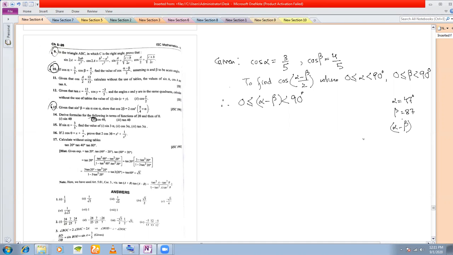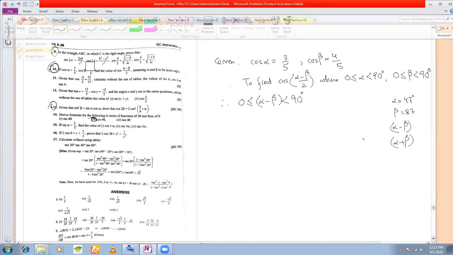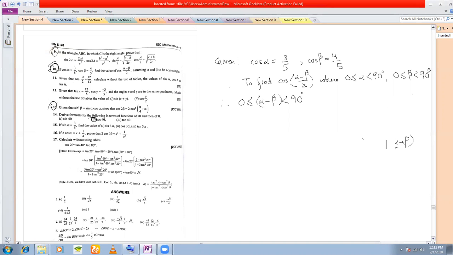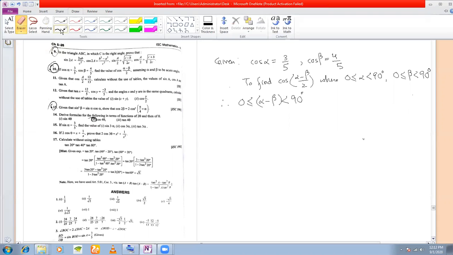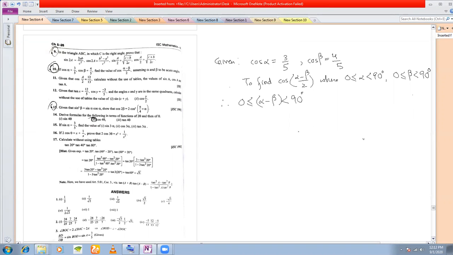Whatever be the values of alpha and beta, alpha minus beta will always be less than 90 degrees if alpha and beta are both acute. But I cannot say whether alpha plus beta will be acute or obtuse. So if alpha and beta are acute, then I can safely say that alpha minus beta will also be acute. So if alpha minus beta is acute, now we need to find alpha minus beta by 2.